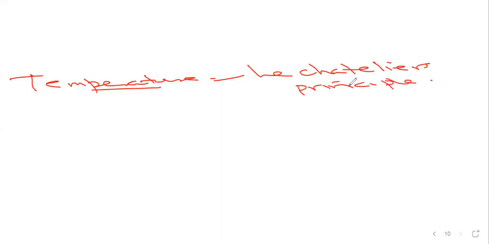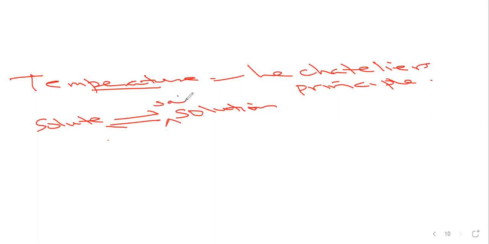So, however much solubility of most salts increases with increase in temperature, it is in accordance with that principle. If a solute is in equilibrium with its solution, which solution must be saturated, the solute is in equilibrium with its saturated solution.